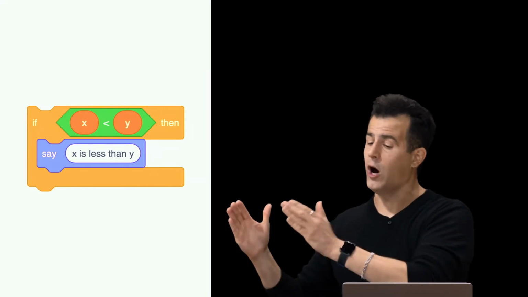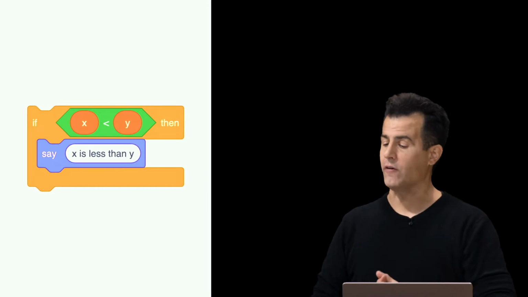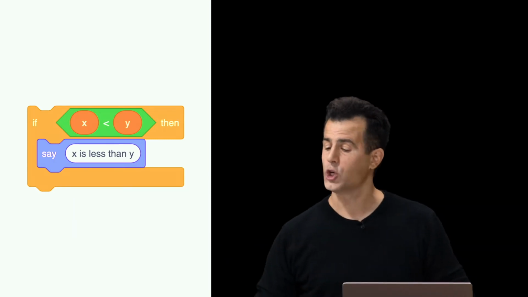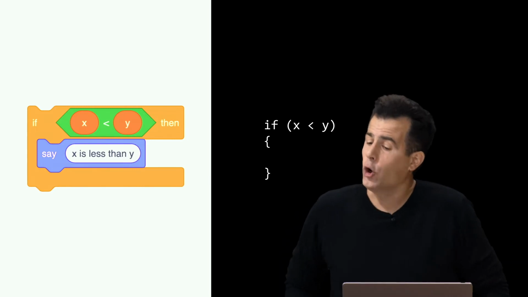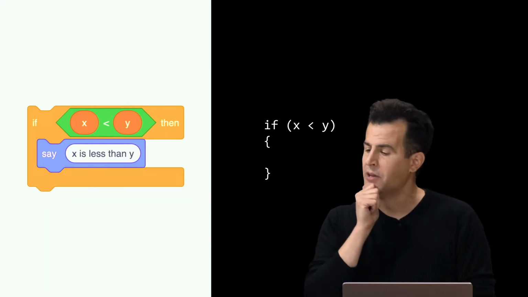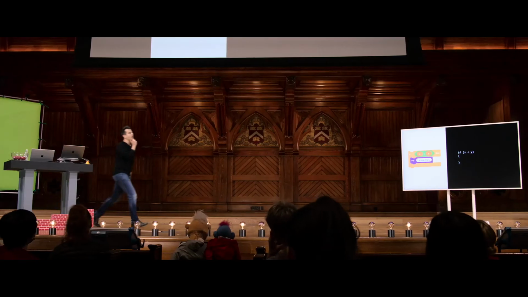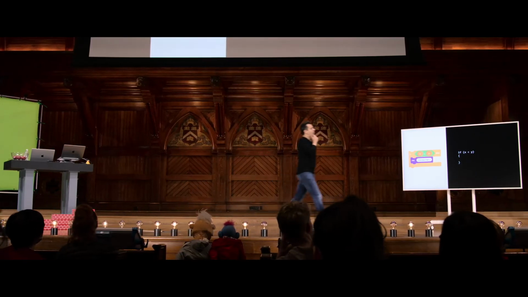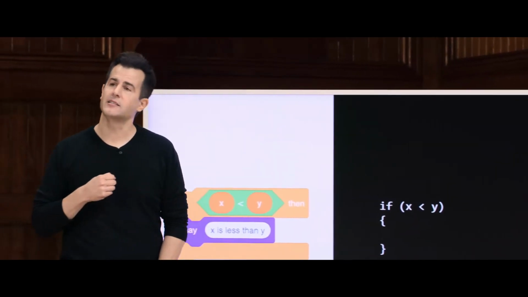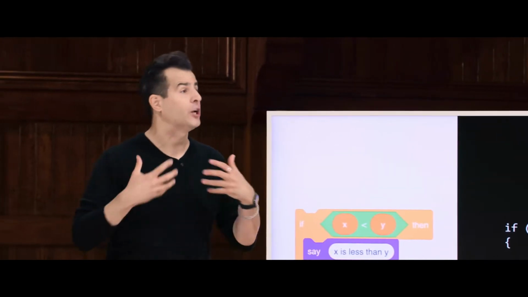If x is less than y, then say on the screen x is less than y. Well, let me translate that to the right now in C code. So in C, the corresponding code is going to look like this, assuming x and y already exist. More on that later. And notice a pattern we're going to see again and again. There are going to be parentheses around the x less than y. So parentheses around the Boolean expression, recall.